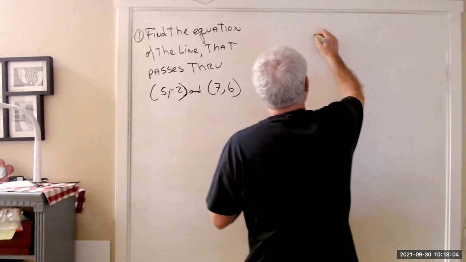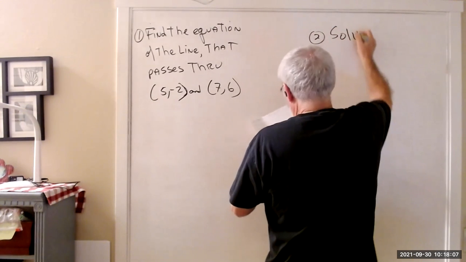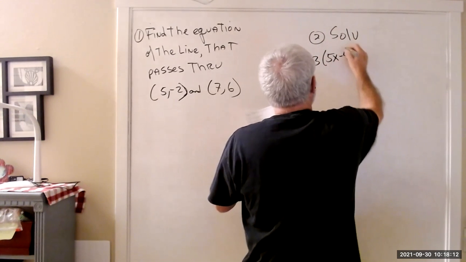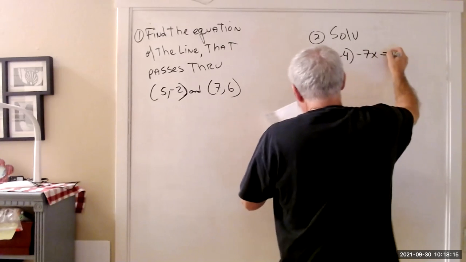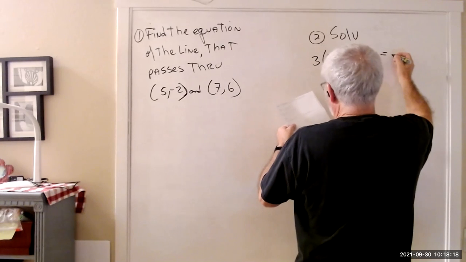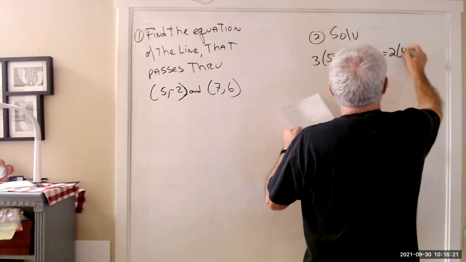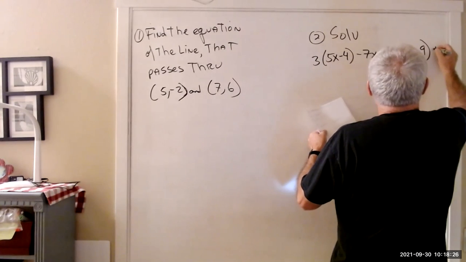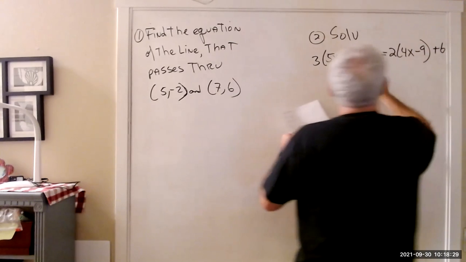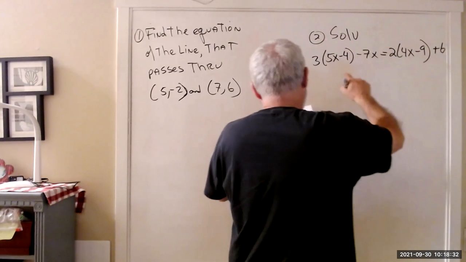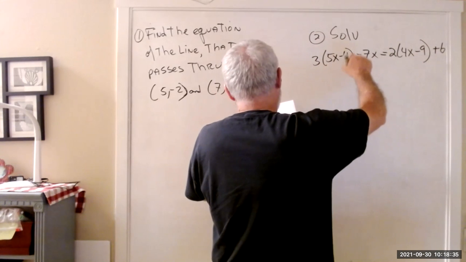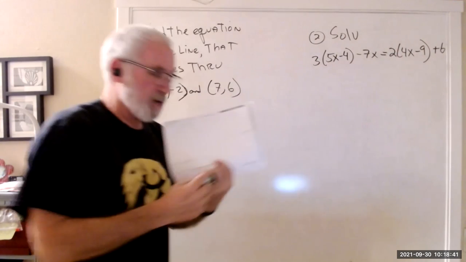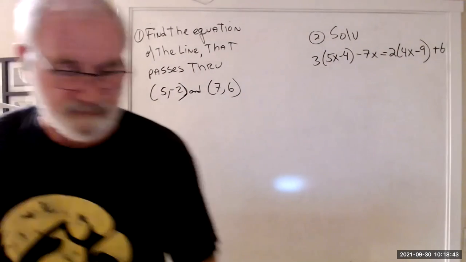Second problem, solve this equation: 3 times (5x minus 4) minus 7x equals 2 times (4x minus 9), plus 6. Let me see, did I copy it right? Yeah, so I'll put a pause on, let you guys work through that.